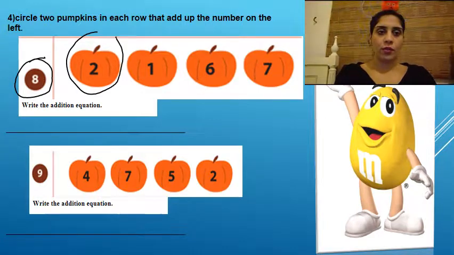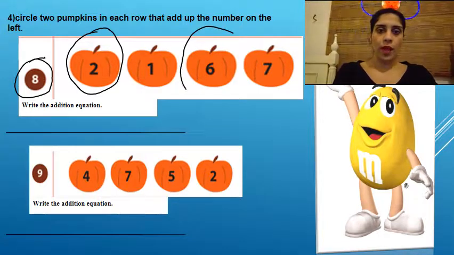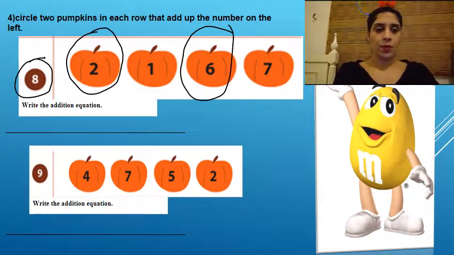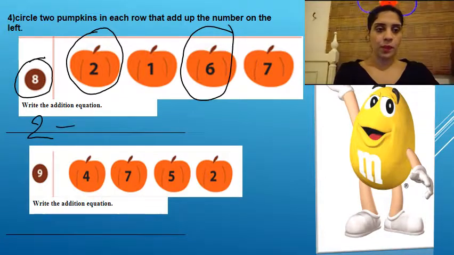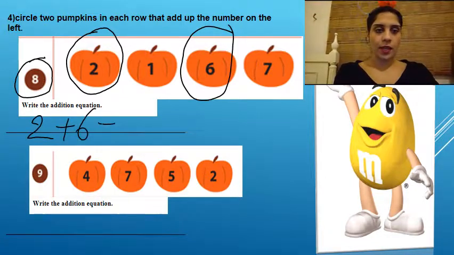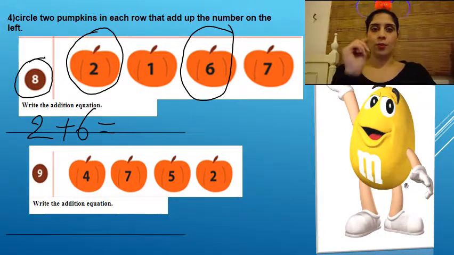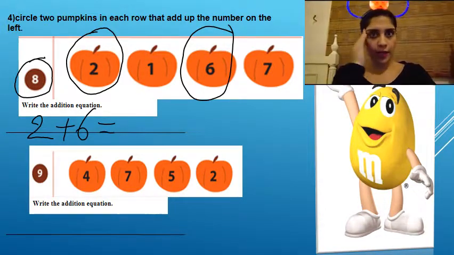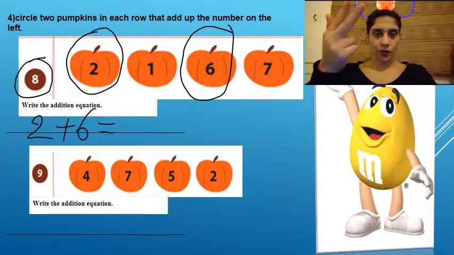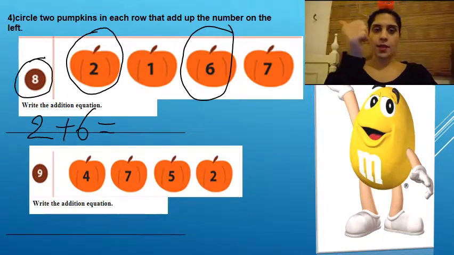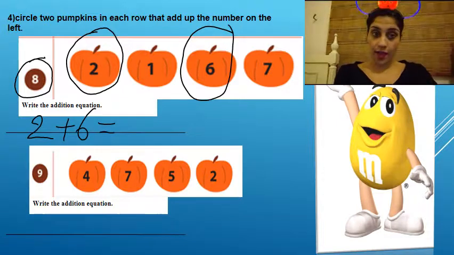Let's try first 2 and 6. Mr. M&M will write 2 plus 6 equals, bear in mind, Mr. M&M, you have to put the greatest number in your head and you continue counting on your fingers. 6, 7, 8. It is 8.